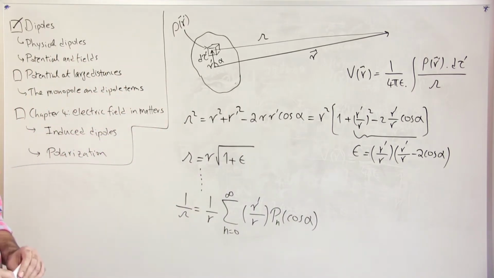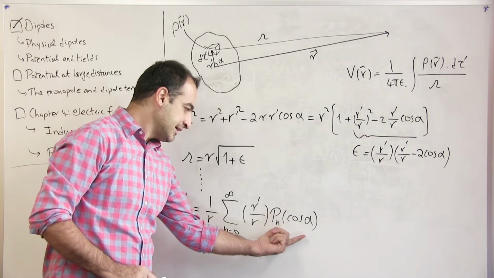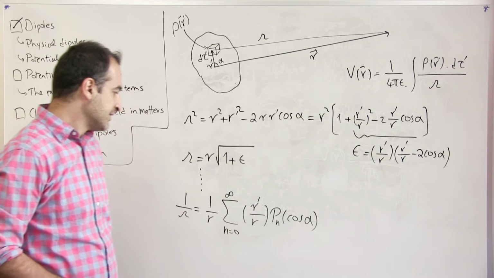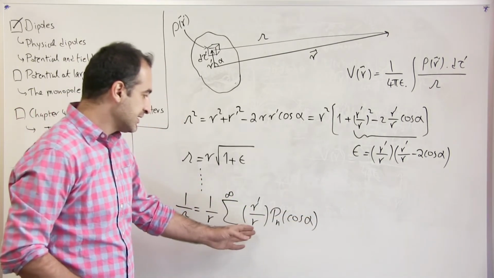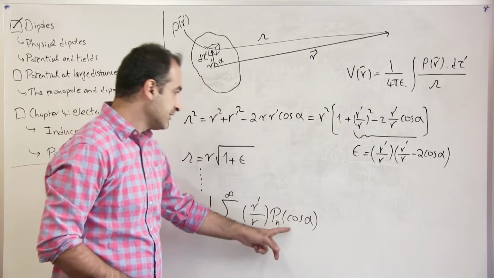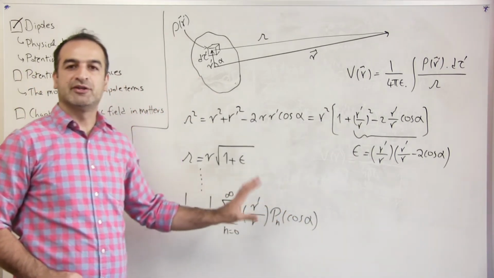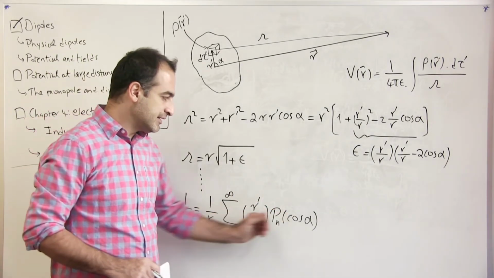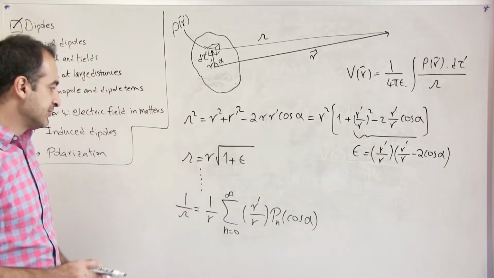Okay, of course, the first term is easy because P 0 is just 1, so you get 1 over r. And then if you expand it further, the second term, you have r prime over r times cosine alpha, okay? The first and second terms are exactly similar to the terms that we had in the physical dipole when I expanded, but the other terms, the higher order terms, look a little more complicated.